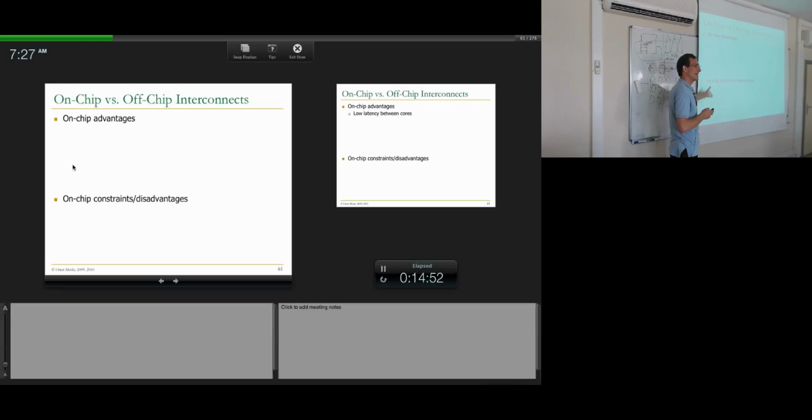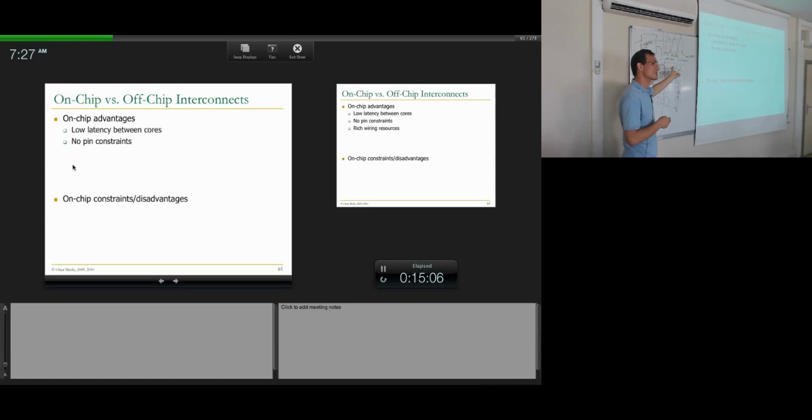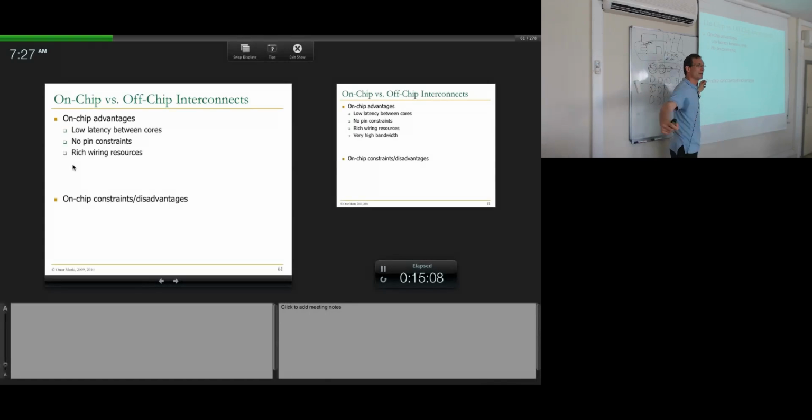And again, you could argue that all of these are true. But power is also an important issue in multi-core. But on-chip advantages: there's low latency between cores. That's different. And you want to maintain that low latency with your interconnection network design. There are no pin constraints, which means that your wiring can be abundant on-chip. Rich wiring resources, again, because of that reason, as well as there's just a lot of wires.